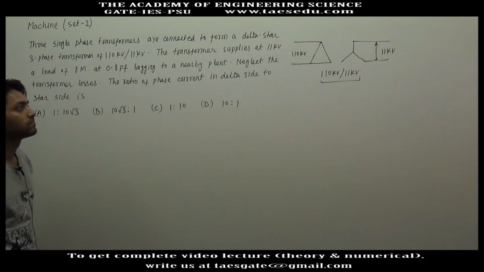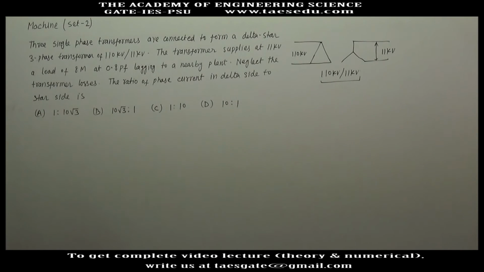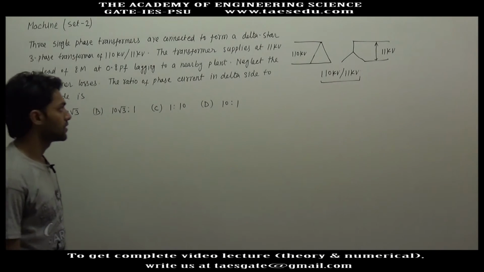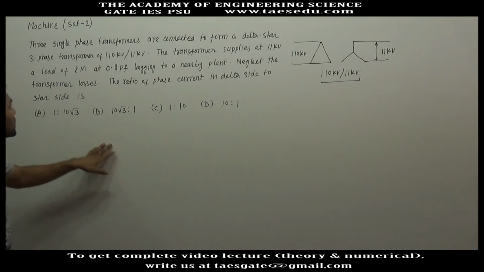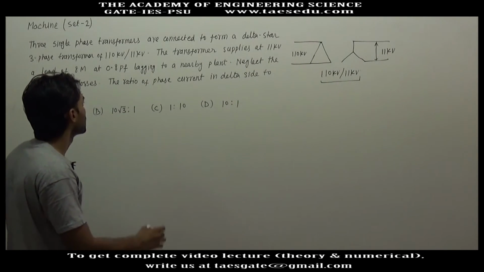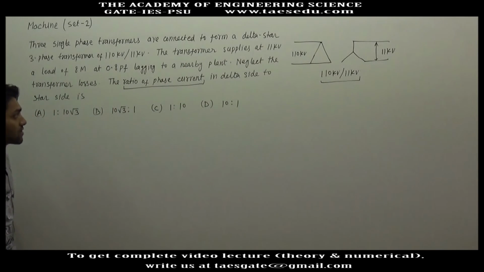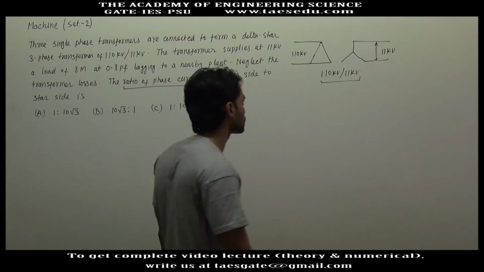The voltage ratio given in the rating is line to line voltage ratio. And this three phase transformer supply a particular load. Then we have to find out the ratio of phase current. Line to line voltage ratio is given, and we have to find out ratio of phase current, not line current.